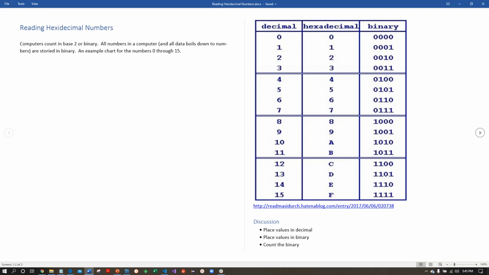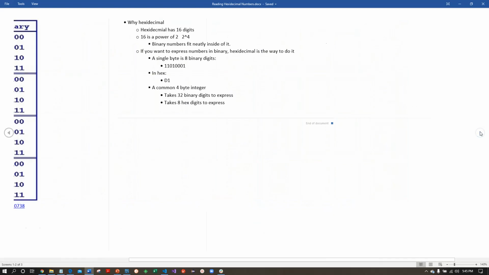The last place is the eighths place. When we jump down to the 8th row, you'll see that the fourth digit there is lit up, and that's the 8th place. Okay, and then counting and so forth. So that's 15 combinations. That's place values in decimal and place values in binary, and we did a little bit of counting in binary. We'll come back to this table in a second.